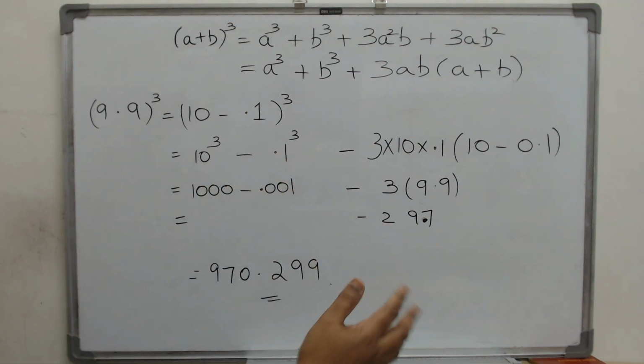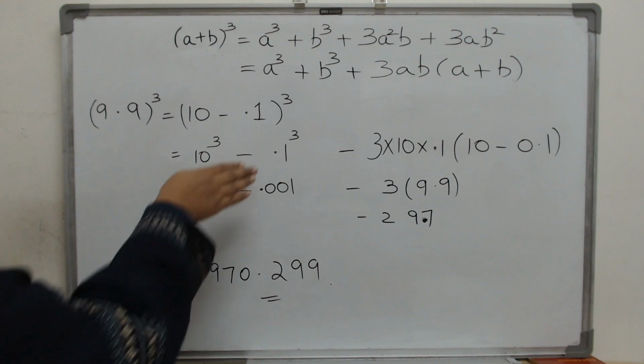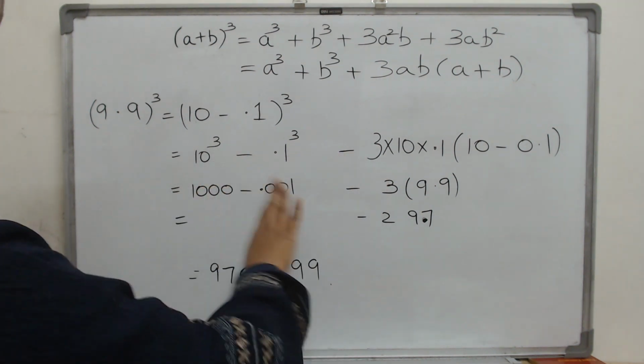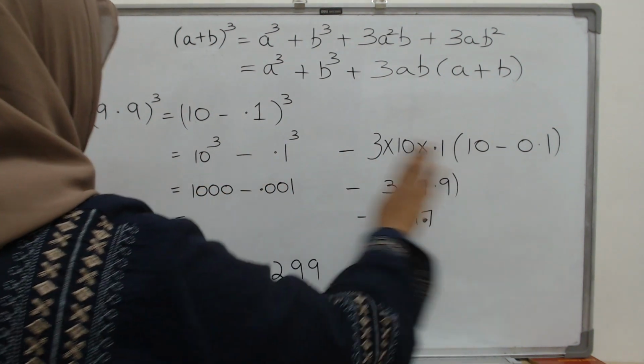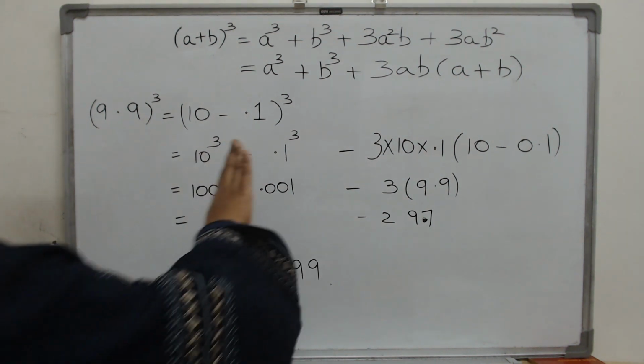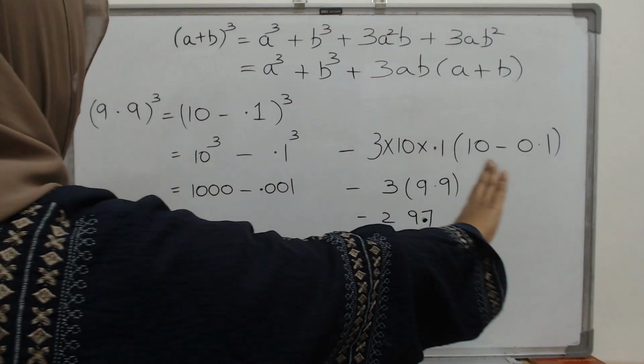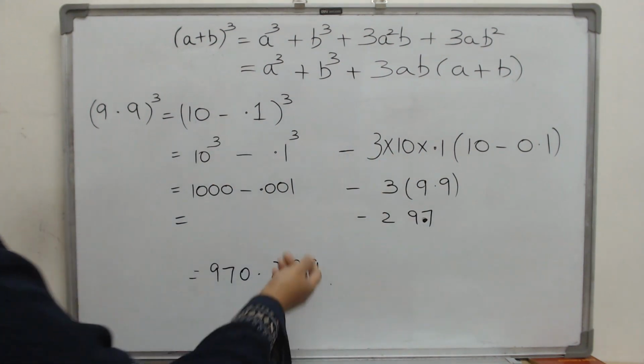When they write it close enough, they just lose track of what is happening and end up multiplying this and this. No, this is a separate term here. So that is why I have written it separately, and you also, when you write it, please write it a bit far away so that you don't get confused. This is one separate term, and this one we did already.